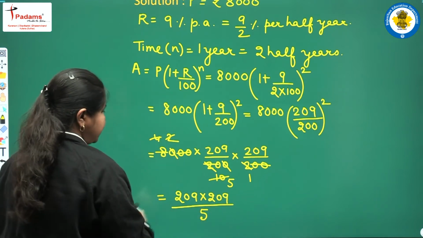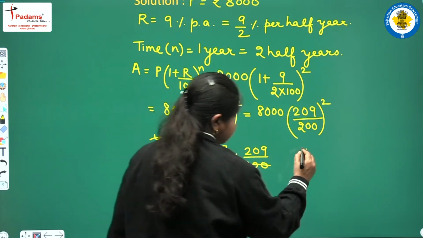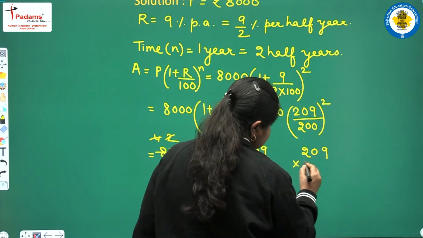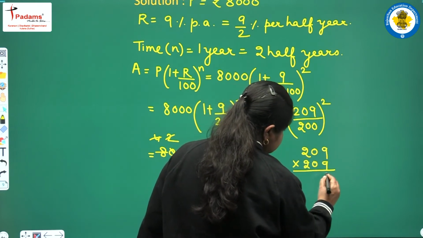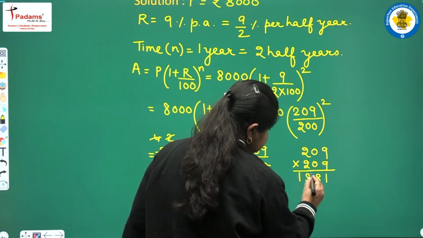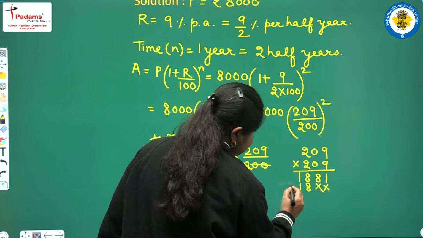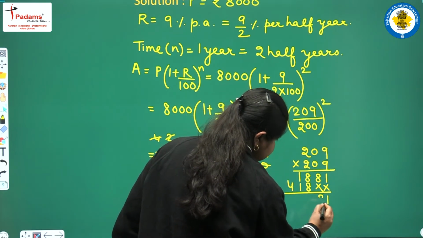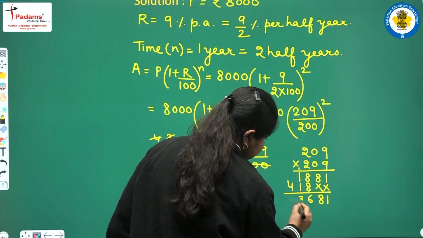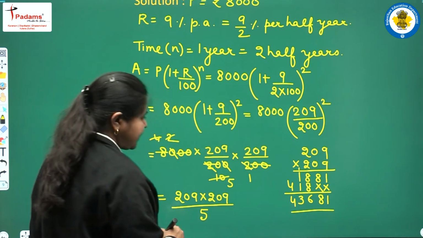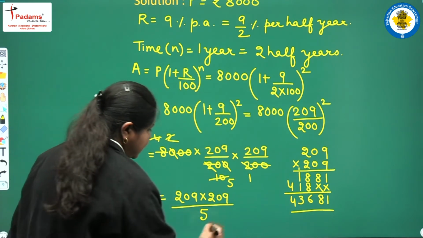So we square 209. 209 into 209. 9 9s are 81. 9 2s are 18, multiply, then 2 9s are 18 and 2 2s are 4. This gives us 8, 16 here, 3 and 4. 43,681.